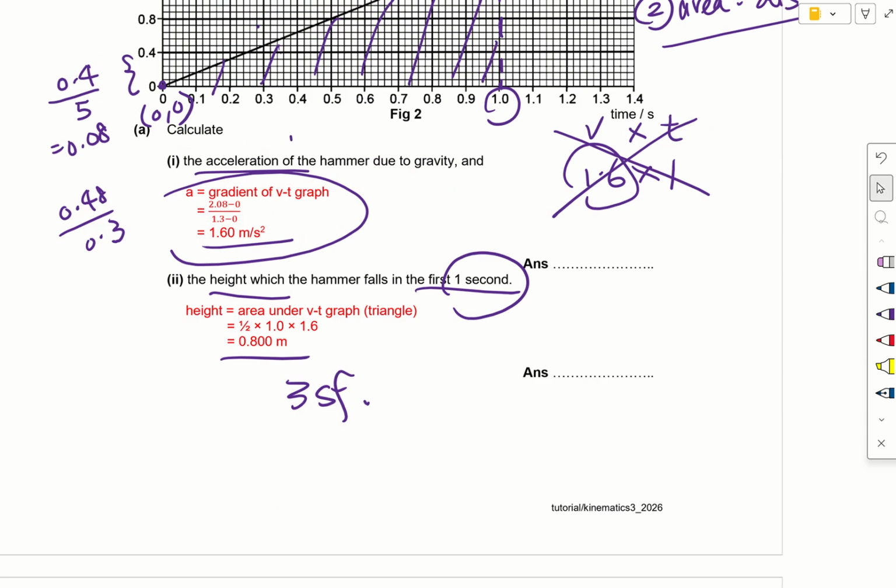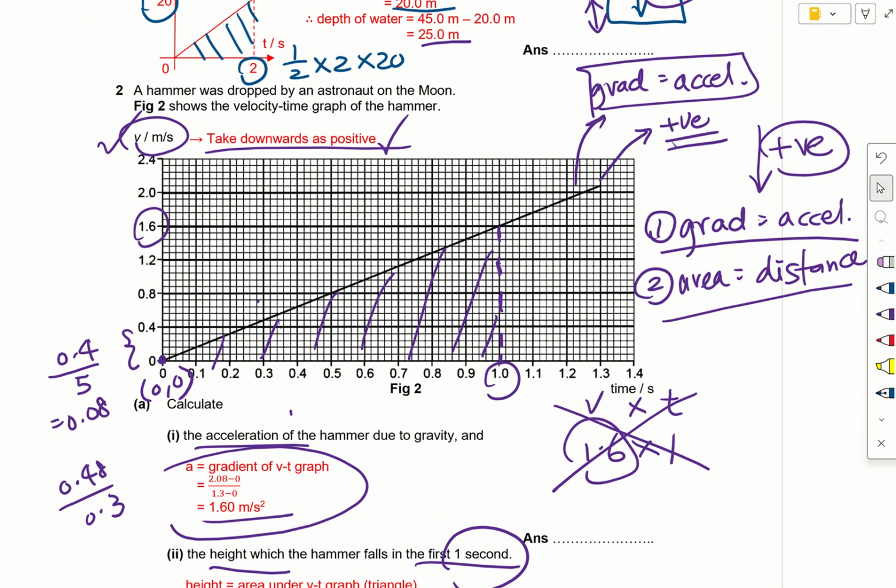Okay, so at 1.3 seconds, let's take a look. 1.3 seconds is over here. Okay, the velocity. So if you're talking about this question, then we can say the initial velocity at this 1.3 is 2.08. Okay, and it's going to reach a velocity of 0, and it's going to be a straight line.